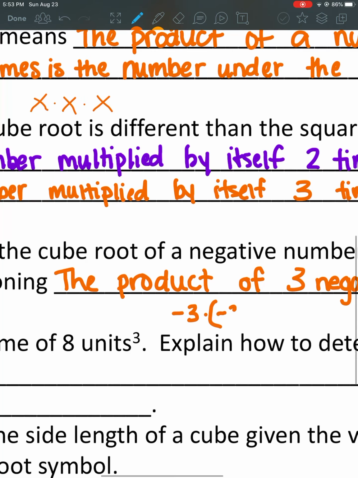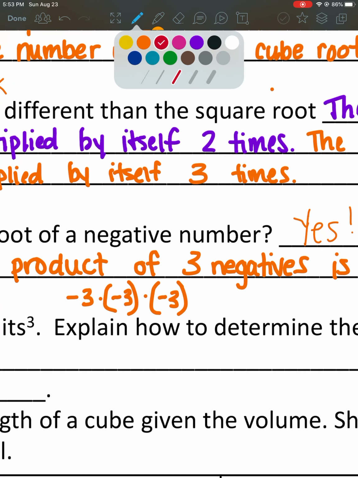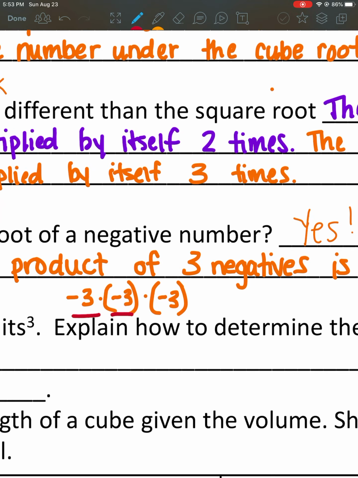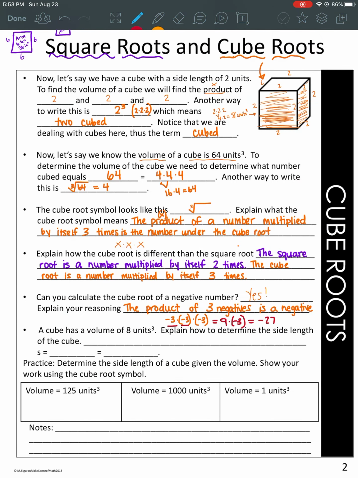So something like -3 times, and I'm going to put it in parentheses because it has negatives, times -3 times -3. So -3 times -3, a negative times a negative is a positive, so we'd get +9. And then +9 times -3, well, positive times a negative is a negative, so we'd get -27. So we can take cube roots of negative numbers.